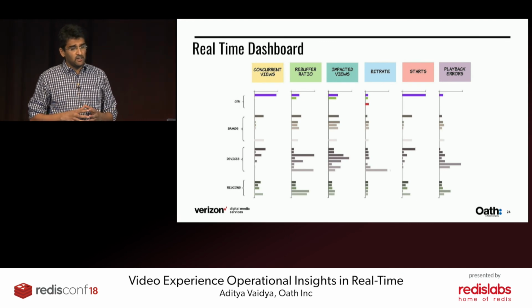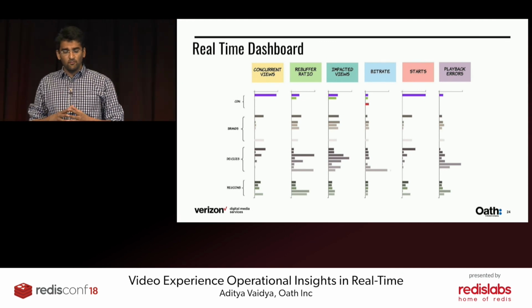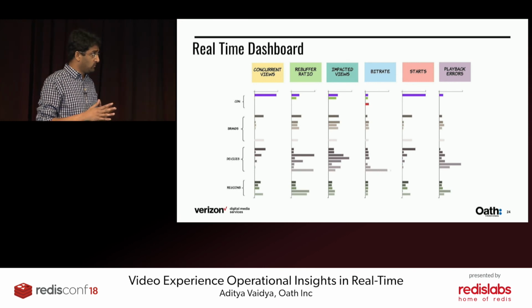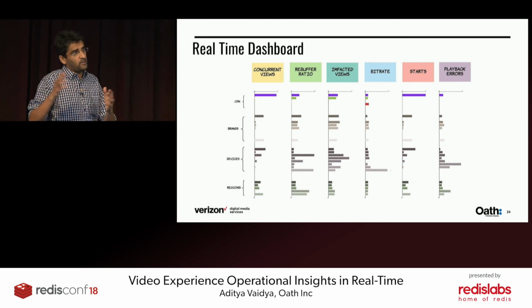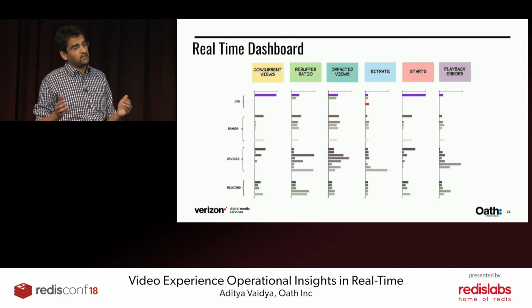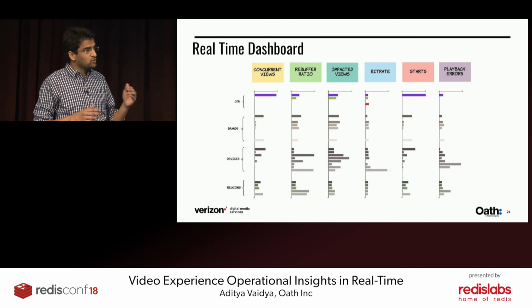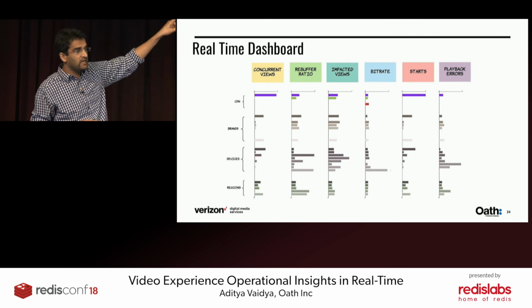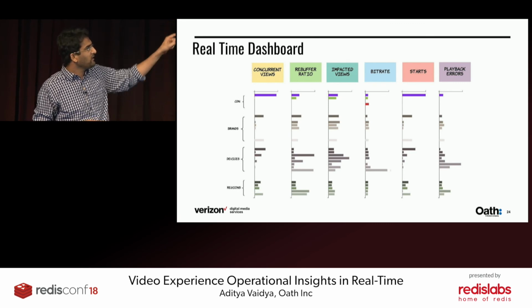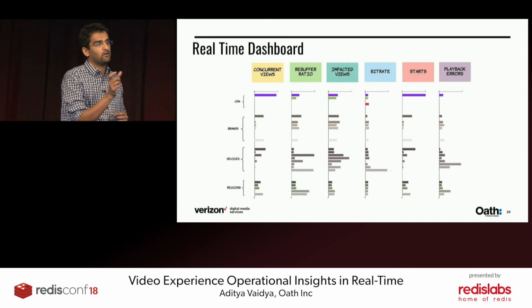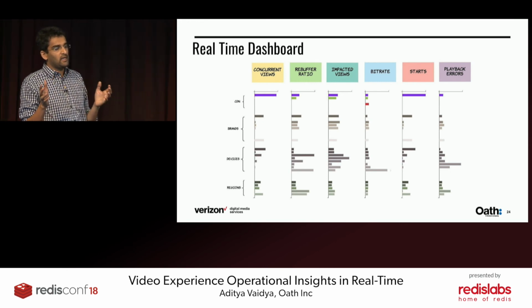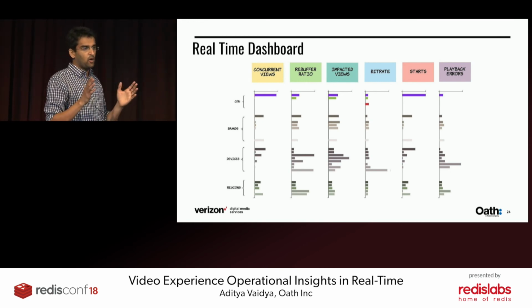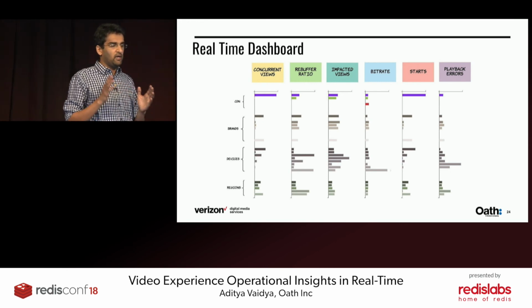To give you an example, if our operations team wants to know how the performance of one of the CDNs is impacting the rebuffer ratio for the users served from a particular CDN, they can look at the combination of CDN and rebuffer ratio. The moment they see the bar associated with that CDN go up, that is an indication that there is something wrong with it.